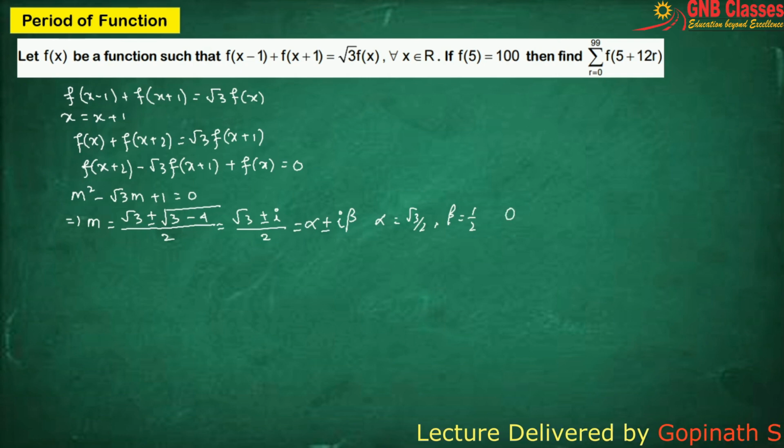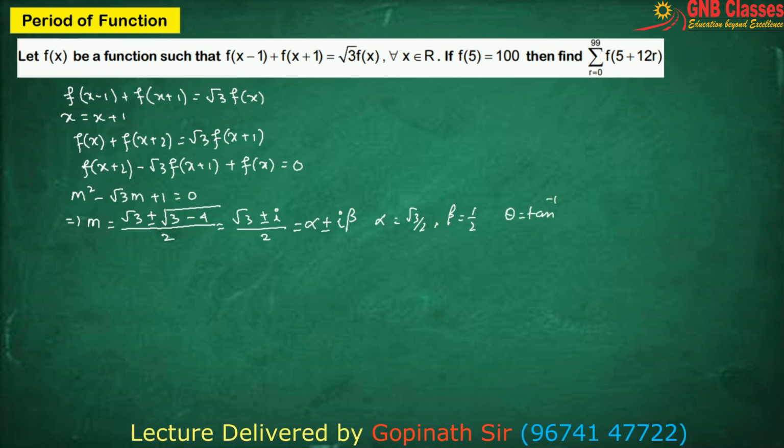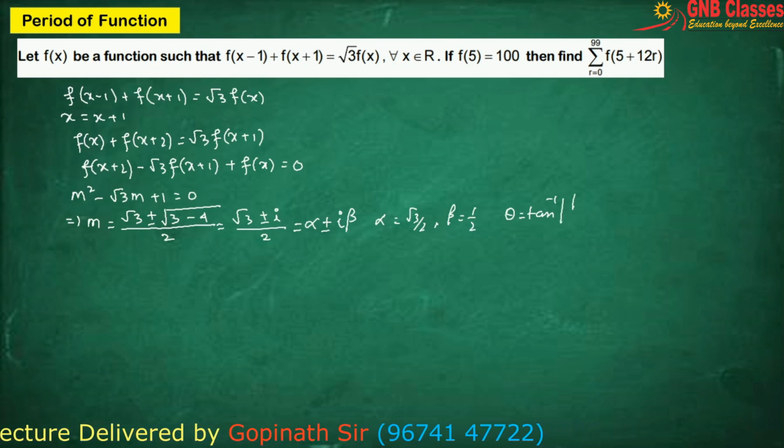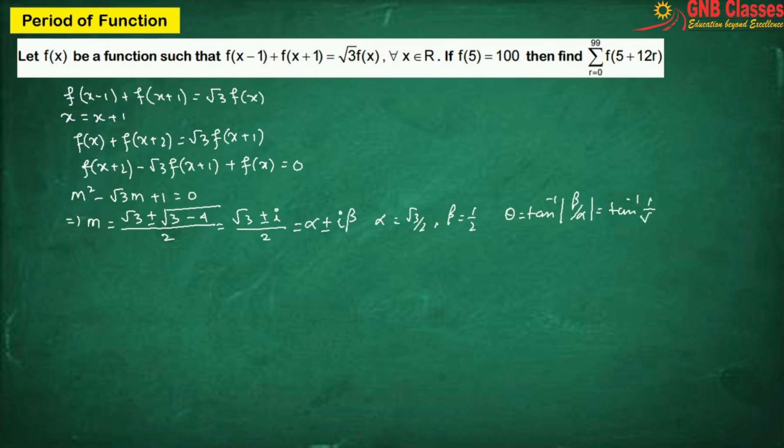Okay, therefore our theta will become tan inverse of mod beta by alpha, which is nothing but tan inverse 1 by root 3, which is pi by 6. Is it clear?